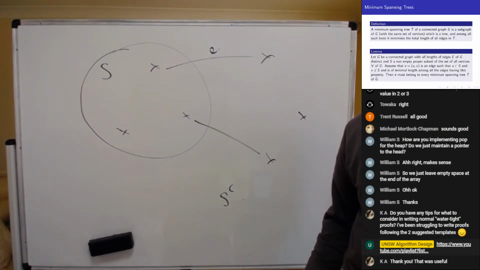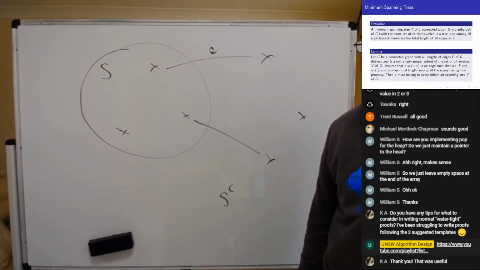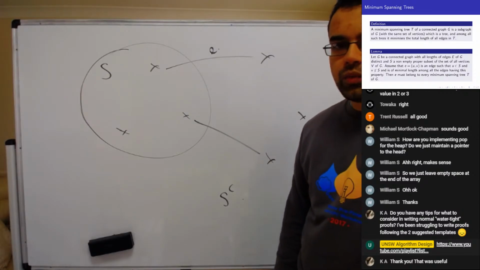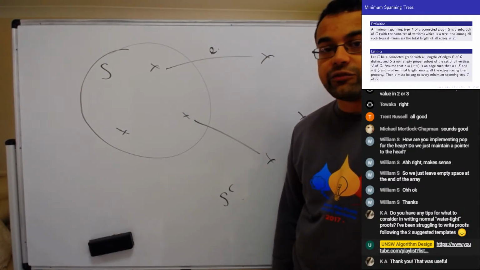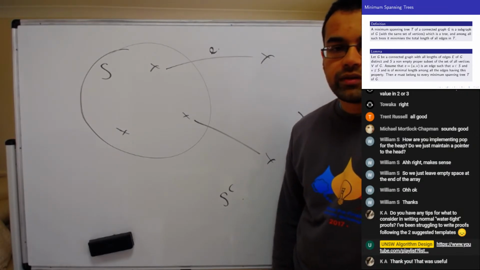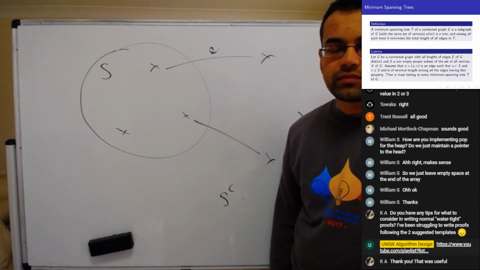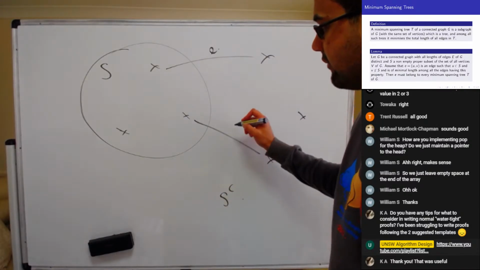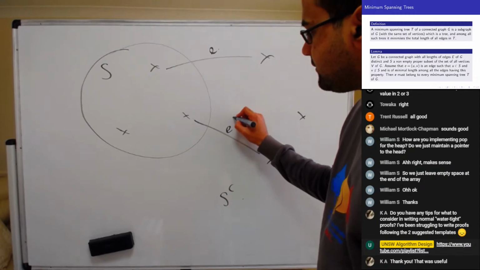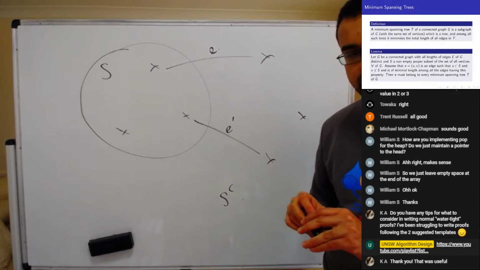Intuitively, why do we expect this to be true? Why is this edge E going to be in every single minimum spanning tree? Well, why would you ever take E dash?